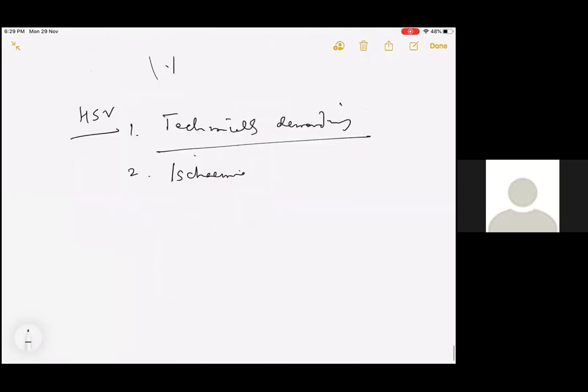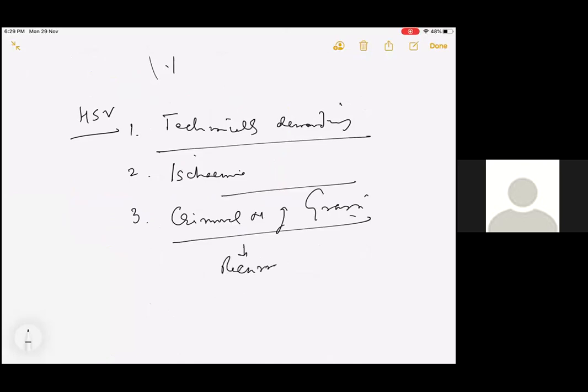So this could produce ischemic spots. And three, you could miss the criminal nerve of Grassi, which can lead to recurrence of what? Peptic ulcer disease.